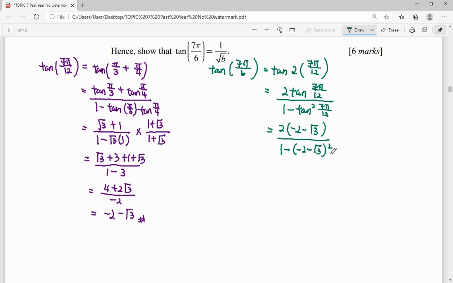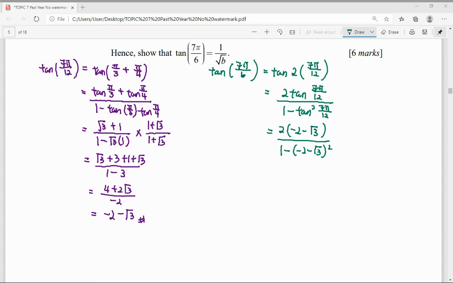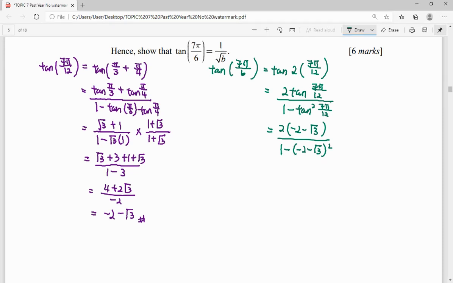And then we try to simplify this part until we get 1 over root b. So we expand this, and we will get negative 4 minus 2 root 3 over 1 minus, expanding this using a squared plus 2ab plus b squared.